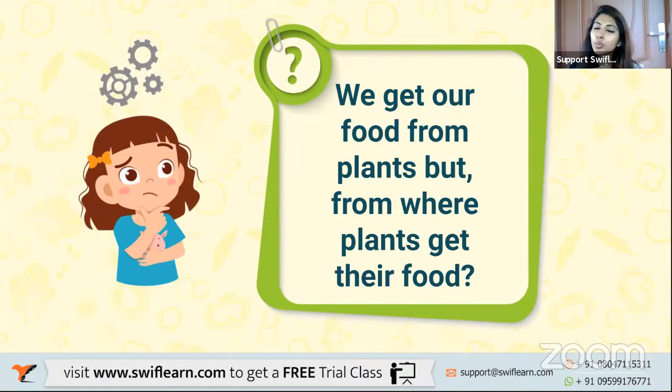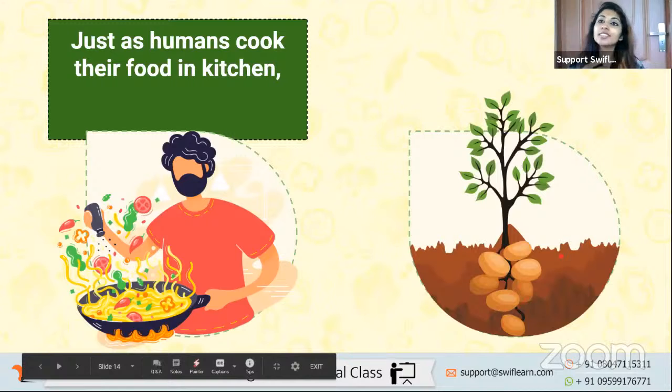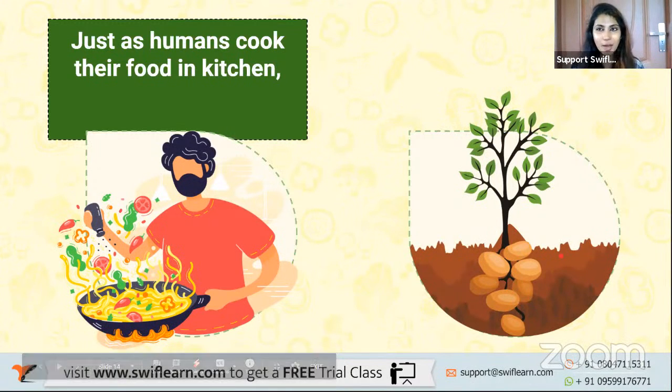So just now, as I told you, we get all our nutrition from plants. Where exactly do these plants get their food from? We need to think about that, right? So, how do plants get their food? Just as we humans cook in the kitchen, plants also cook food. But how? Any idea how plants cook food? I'm just checking for any replies or comments.